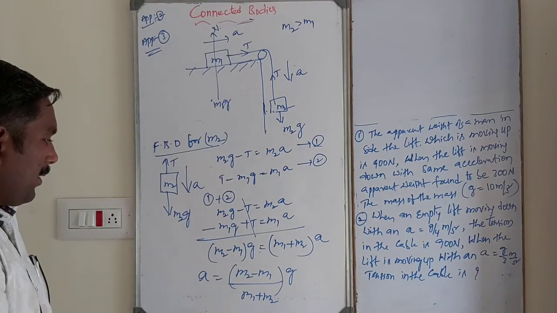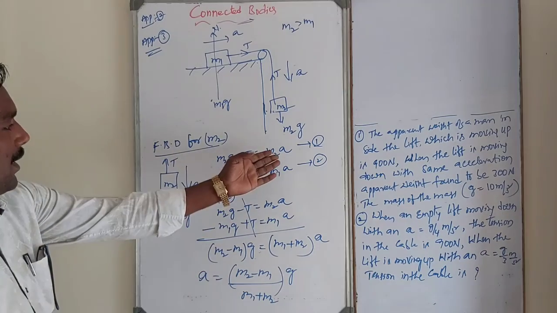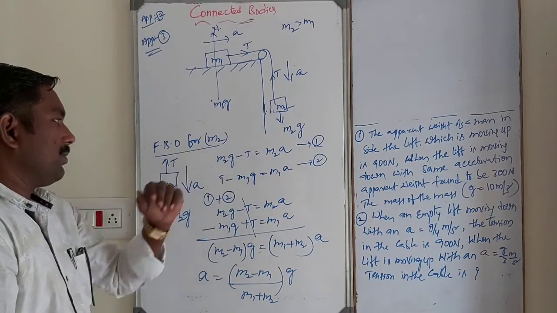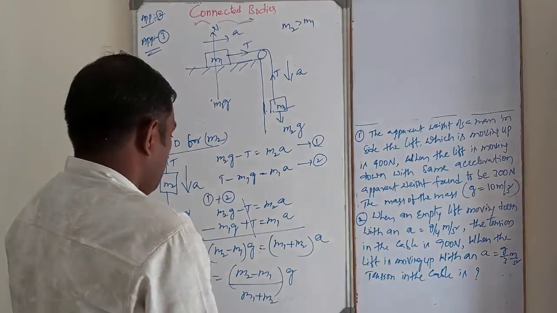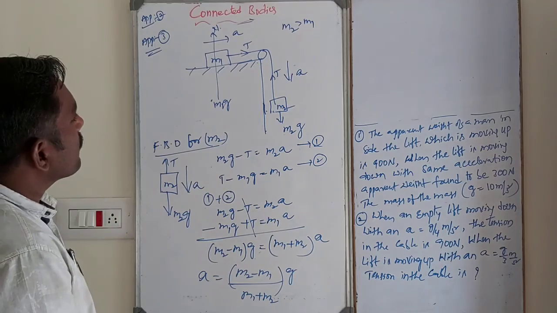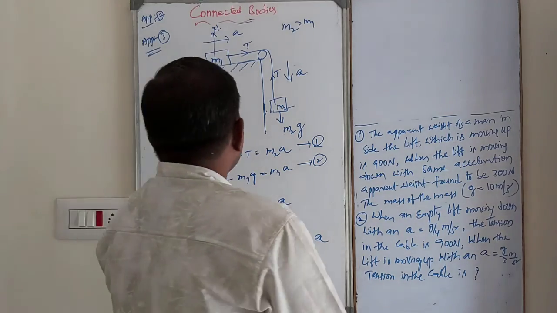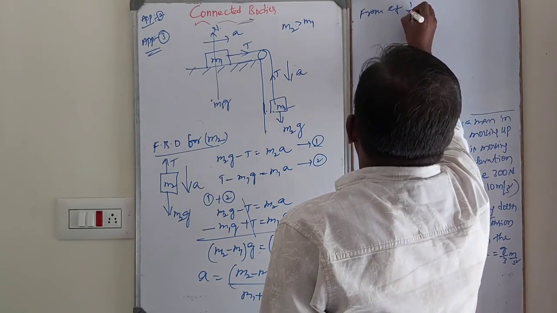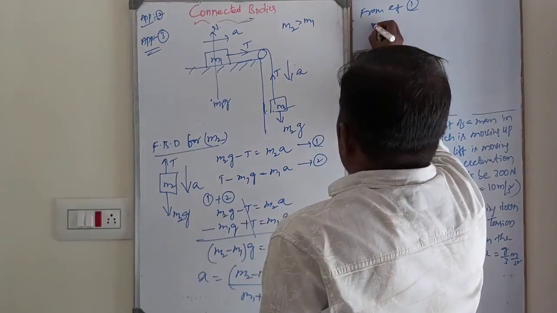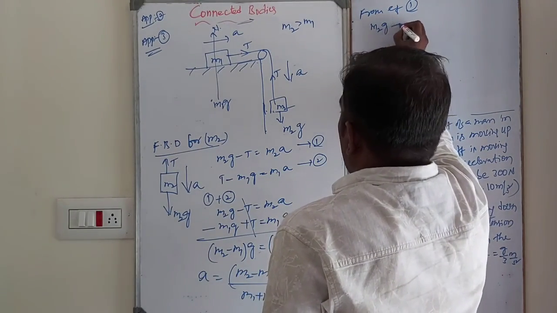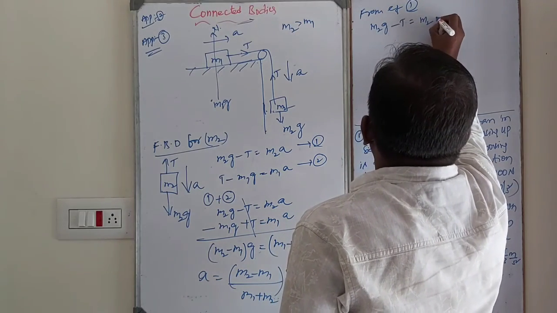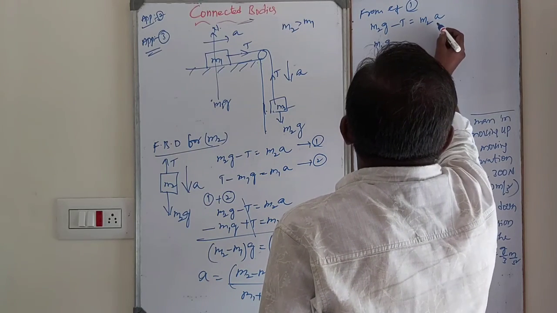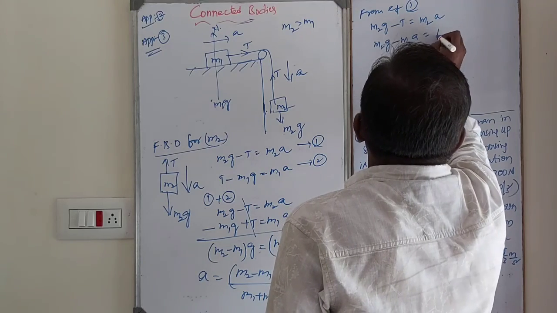By using the acceleration value, substituting it in equation 1 or equation 2, we can find the tension. From equation 1, m2g minus T is equal to m2a, so m2g minus m2a is equal to the tension.